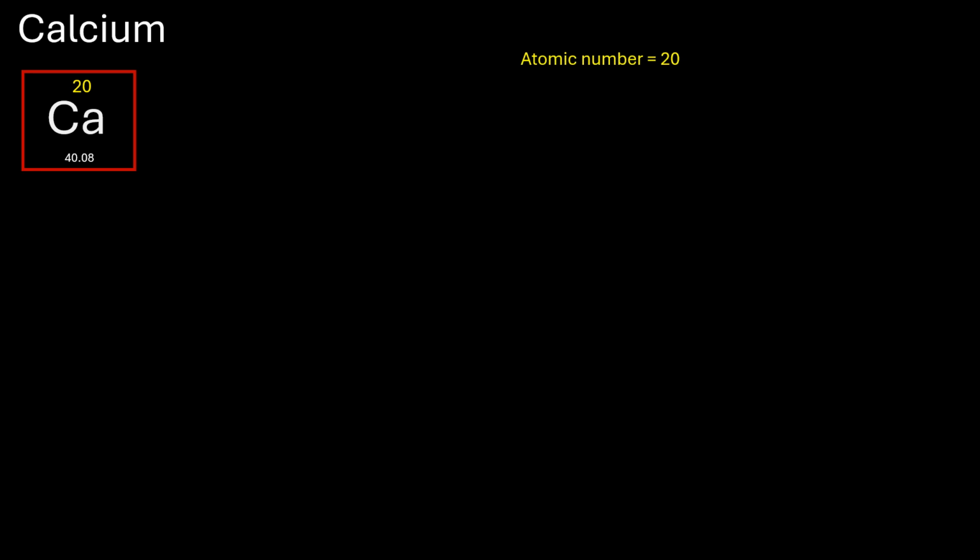Atomic number is 20, which is the same as the number of protons, which is 20 as well. And this calcium has no charge, so the number of electrons should be the same as the protons, which is 20. This is our first energy level. Maximum number of electrons it can have is 2.